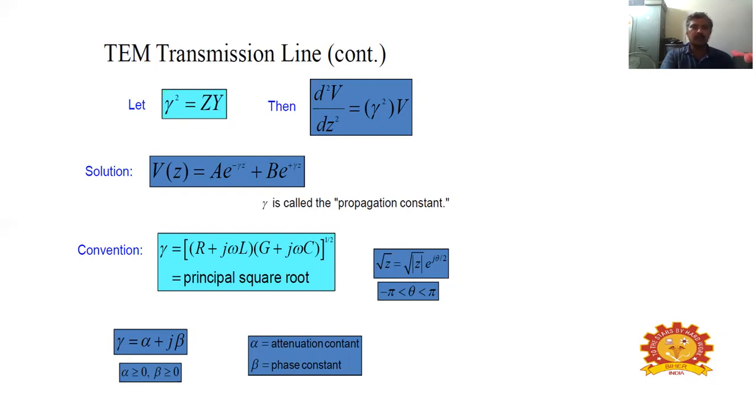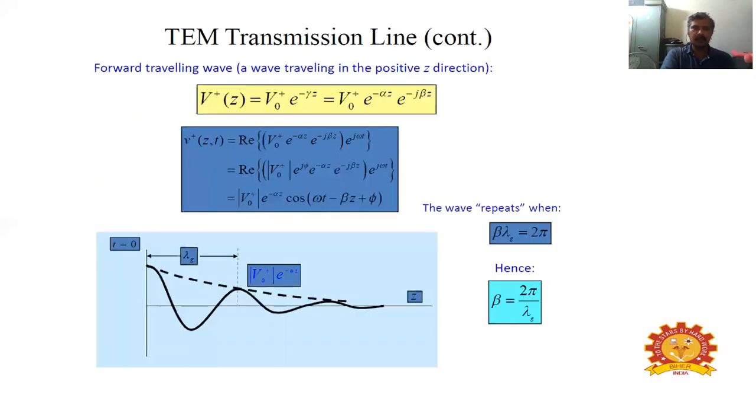As I already said, γ can be written in the complex form as α + jβ, where γ is the propagation constant, α is the attenuation constant, and β is the phase constant. That is, the propagation constant has been written in terms of a complex number as the attenuation constant plus the imaginary part, the phase constant. So that's the thing here.